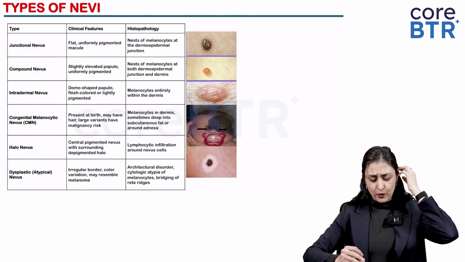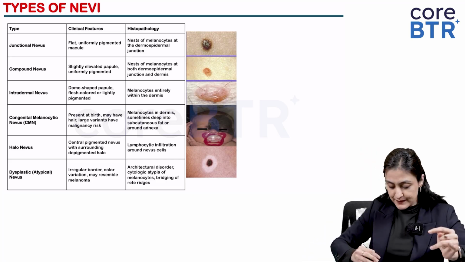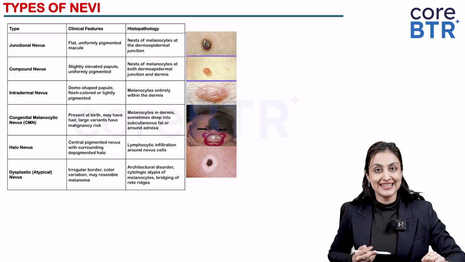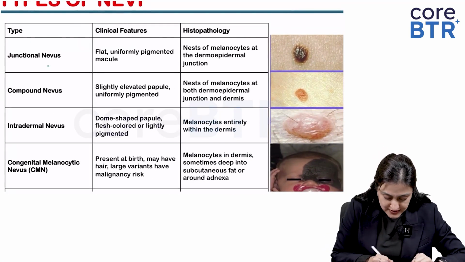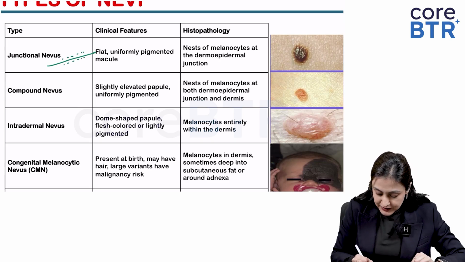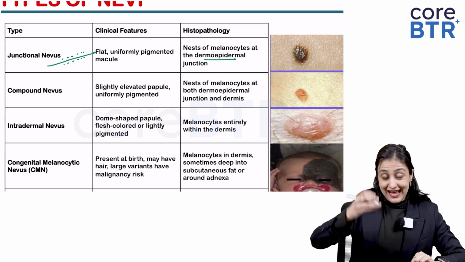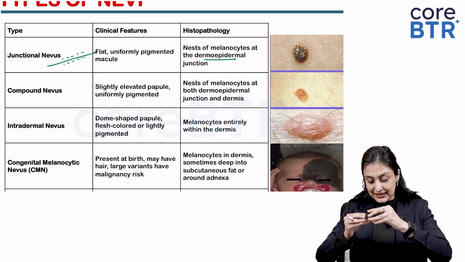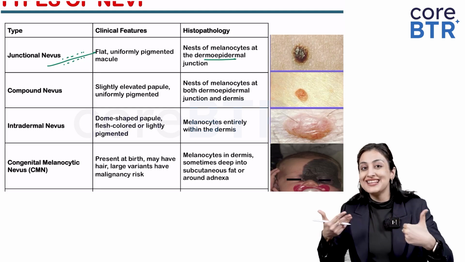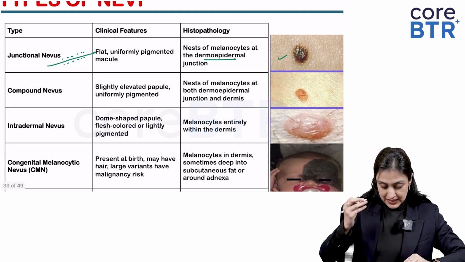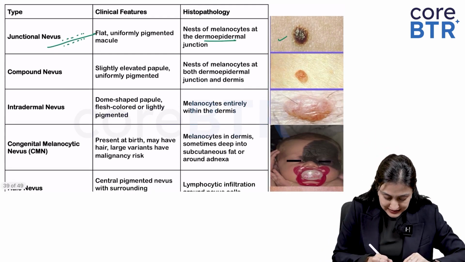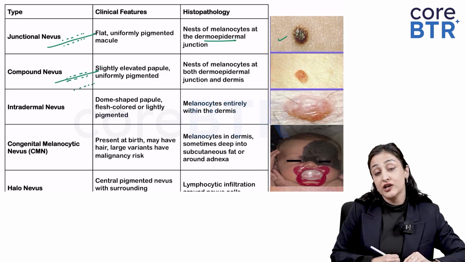Then we talk about nevi. Again, not very important for us for Indian exams, but just for completion's sake, let's see. So we have junctional nevus. As the name suggests, the melanocytes from the stratum basale are at the dermoepidermal junction. As we keep going down, you will see that it becomes lighter and lighter. So this is dark. So this is junctional nevus. Compound nevus, as the name suggests, is at the dermoepidermal junction and now it has gone into the dermis as well.